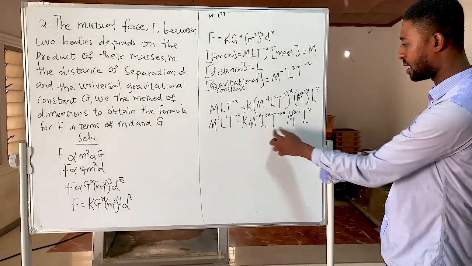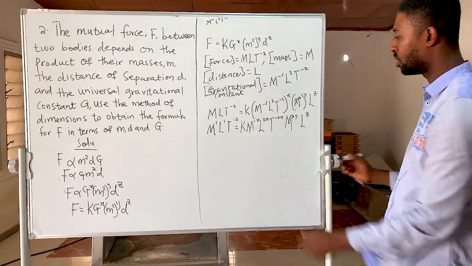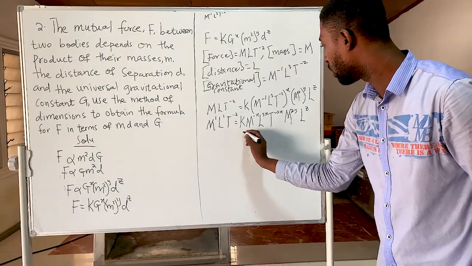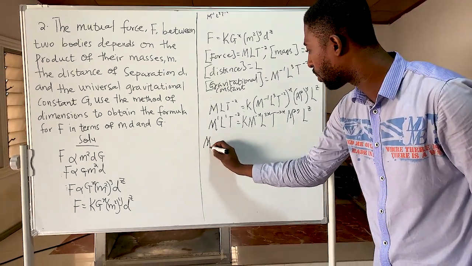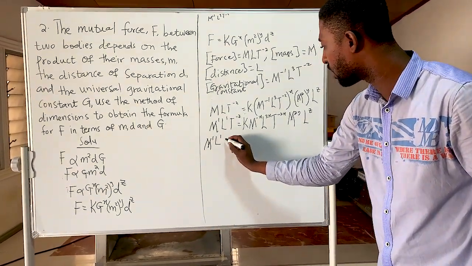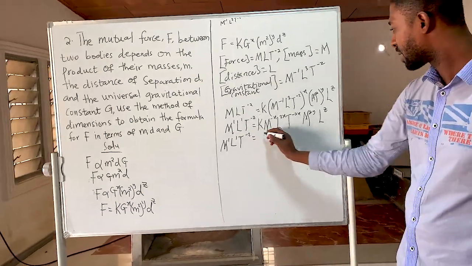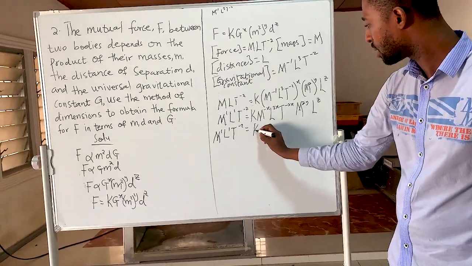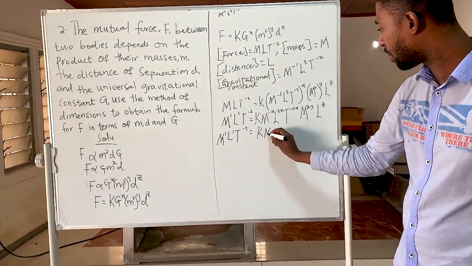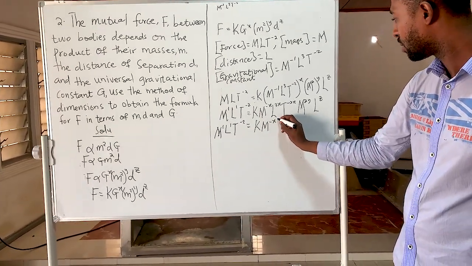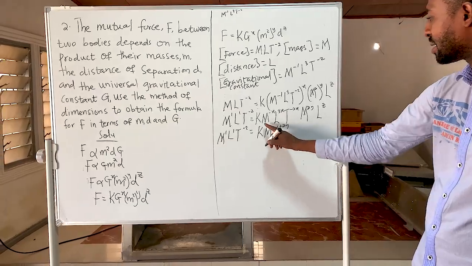So we have L here, M here, M here. So we can simplify. So when we simplify, we're going to have m raised to the power 1, L raised to the power 1, T raised to the power minus 2 equal to k, m raised to the power minus x plus 2y, because this is indices.